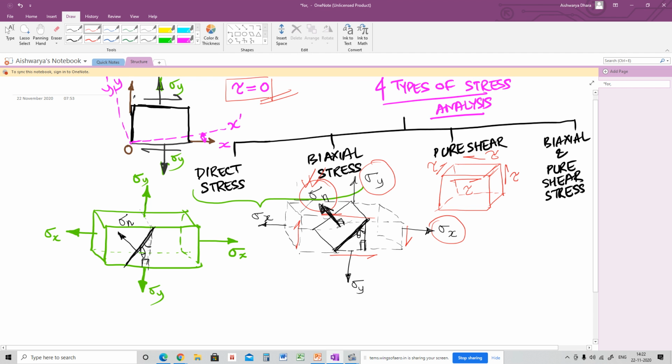So any body, when subjected to any sort of loading, will deform or transform to another new axis. When it is transforming to a new axis, and on that particular axis no shearing occurs, right?